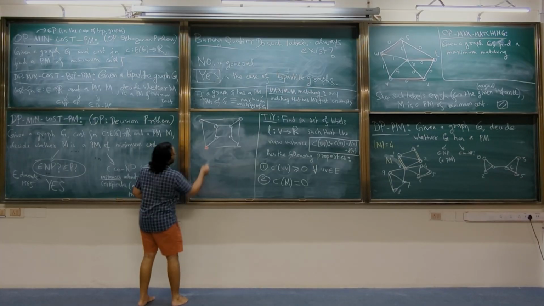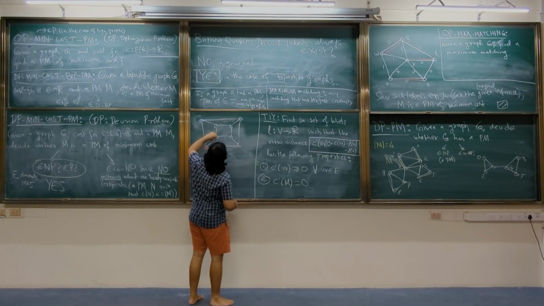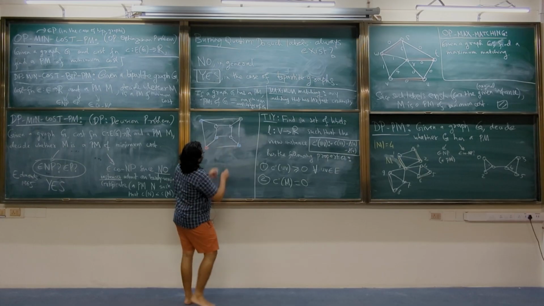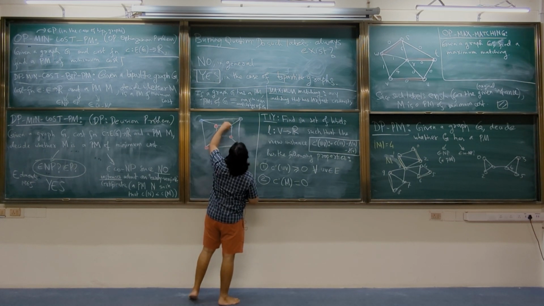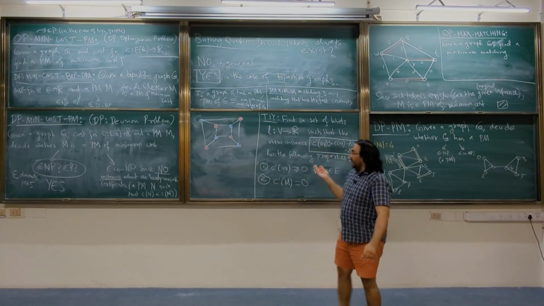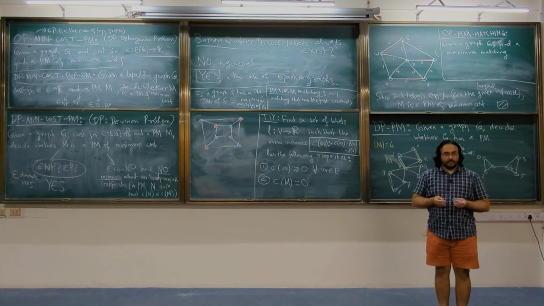If this color is pink, the neighbors of this vertex have to be blue. And now the neighbor of this one has to be pink. This has to be pink. This has to be blue. And this has to be pink. And it looks like you were able to do it. Every edge is joining a pink vertex to a blue vertex. Therefore, this graph is bipartite.